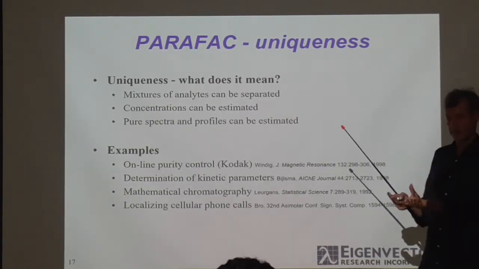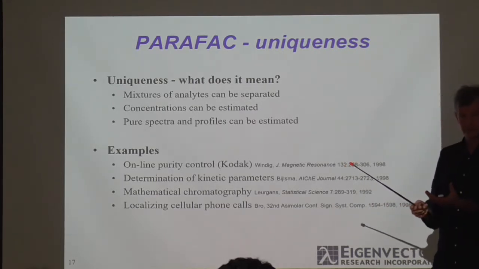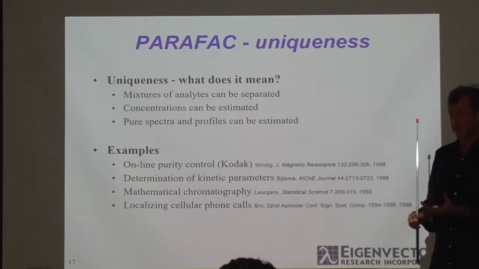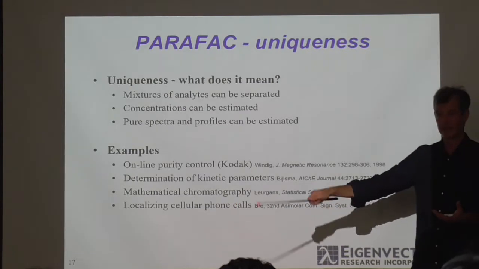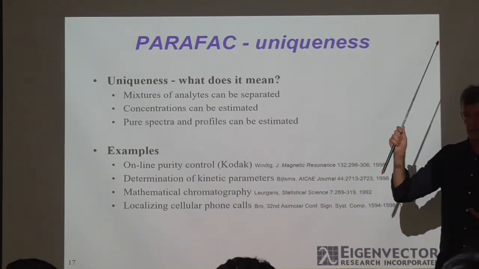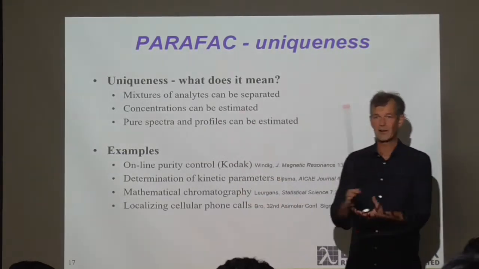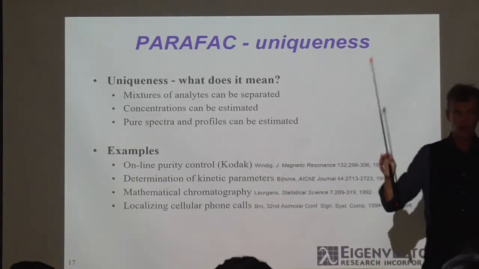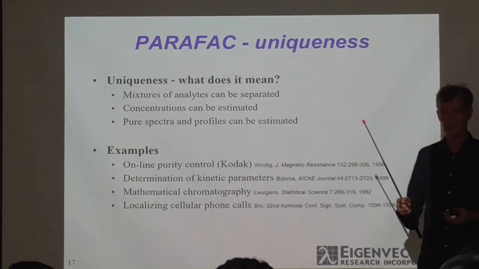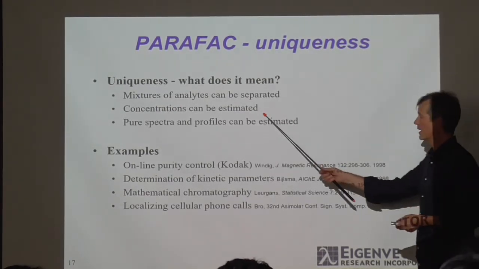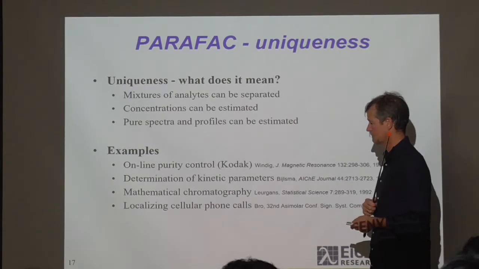So I can take one pure sample of tryptophan, and that's it. That's my calibration set. And now I can predict in beer and wine and meat or whatever, I can predict tryptophan using fluorescence. I don't have to have all interferences covered, etc., like we do in PLS. So we can do a whole different kind of calibration.